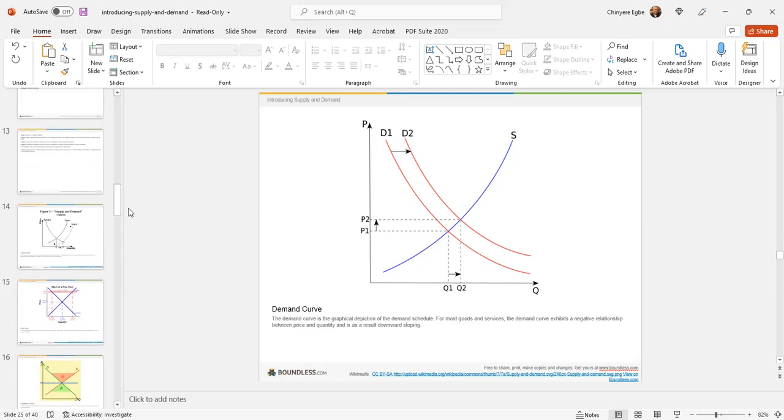Suppose the population of an area increases, then buyers will demand more of whatever goods, because more people are going to be demanding goods in a market because of the larger population. So that can cause an increase in demand. Now, if population decreases, that also causes a decrease in demand, okay?